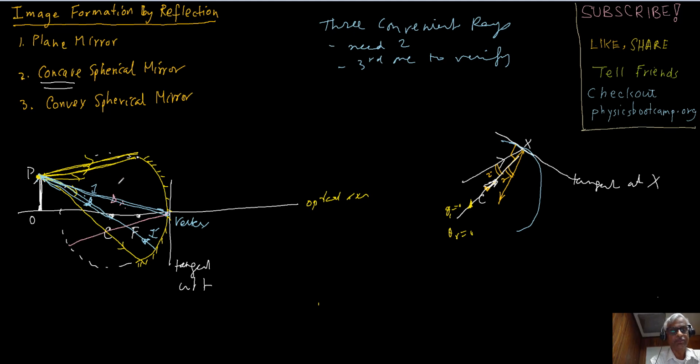So this is my 2, and this is 2 prime. And 1 prime and 2 prime actually meet over here. If you were to put a piece of paper there, you will see a bright point there corresponding to these 2 rays meeting.